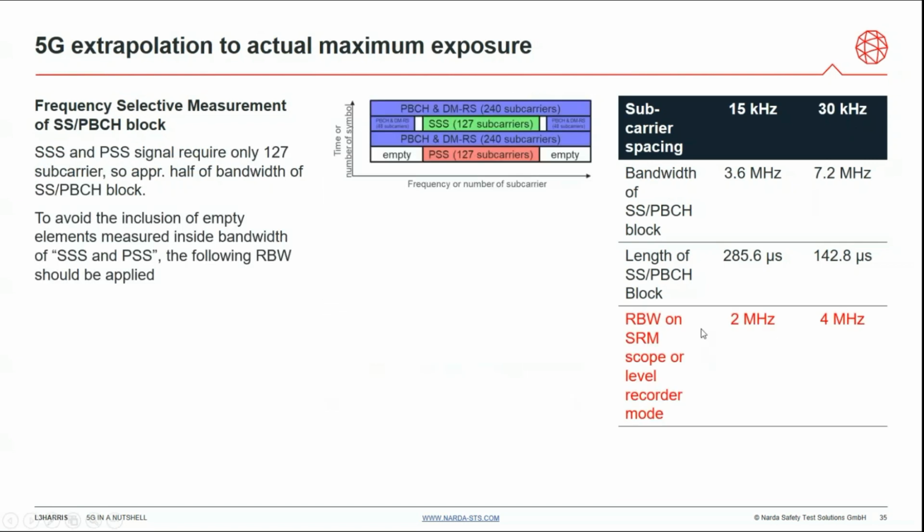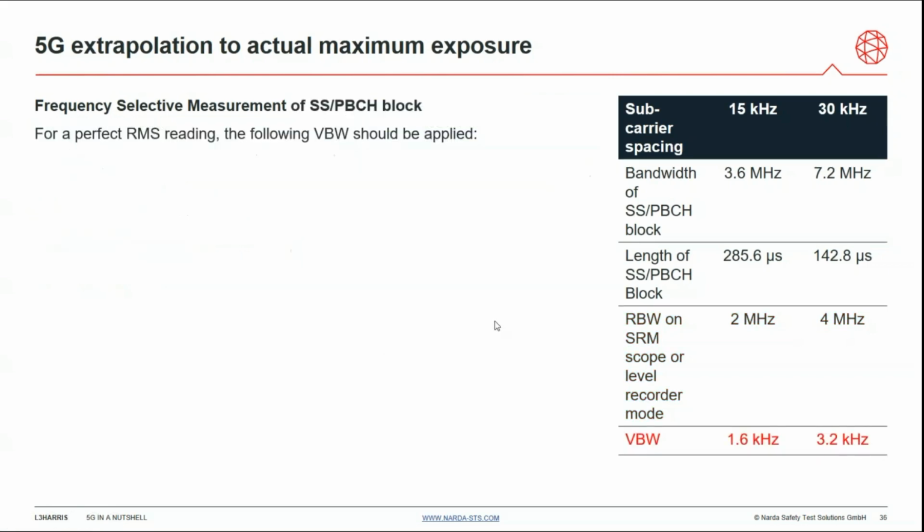So the resolution bandwidth on the SRM in the scope mode or level recorder mode, so both are time domain measurements, you set accordingly to 2 megahertz in the 3.6 megahertz range, and to 4 megahertz in the 7.2 megahertz range. And put it just to the center frequency where you have found the synchronization signal.